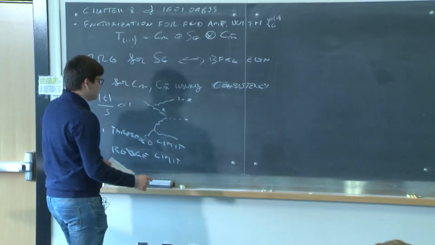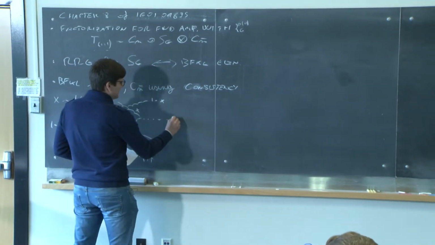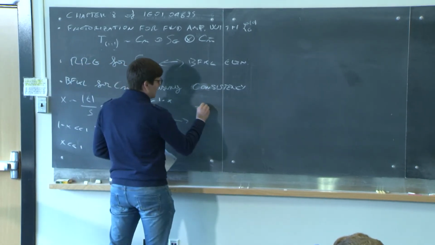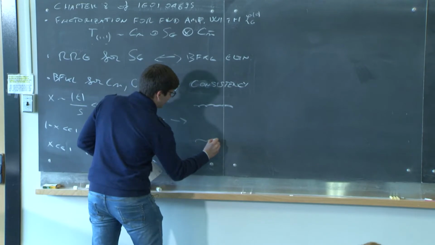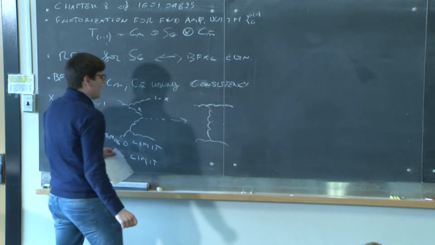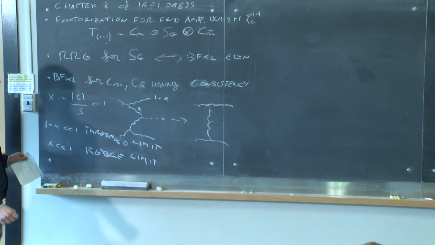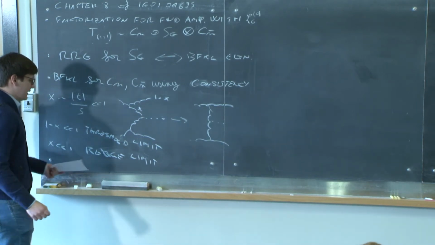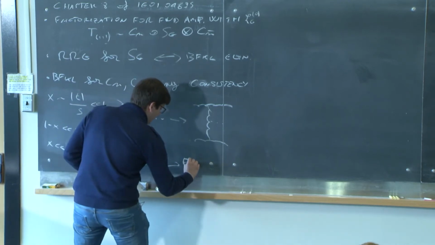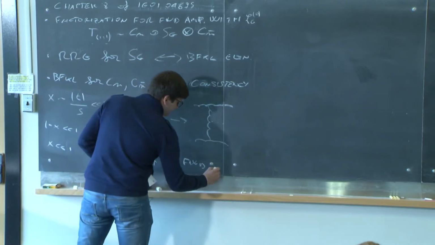We can see that if this energy is quite small, we can see this as almost a forward scattering process, and that's why the RRG limit is typically connected to the forward scattering amplitude.